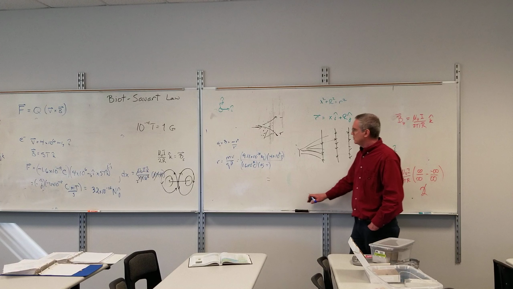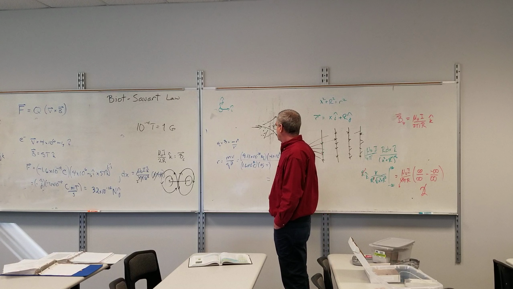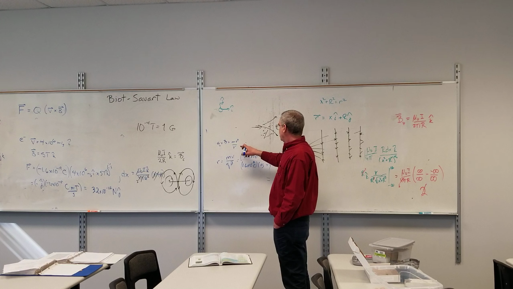No, something's off there. qvB is mv squared over r, the v cancels out. I'm looking for r.